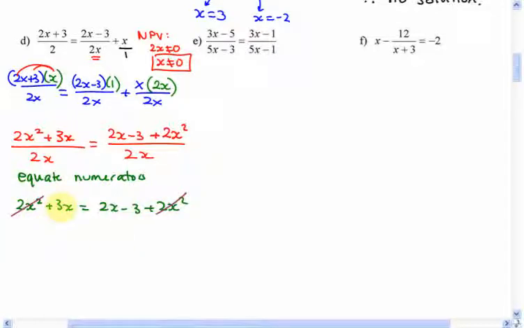Because they cancel each other out. I'll move the 2x to the left side, so I get x equals negative 3. And there you have it. You are done. Okay. Now, once again, you can always double check that you're right with these because they're equations by plugging 3 back into the original and seeing if the left side then equals to the right side. All right?